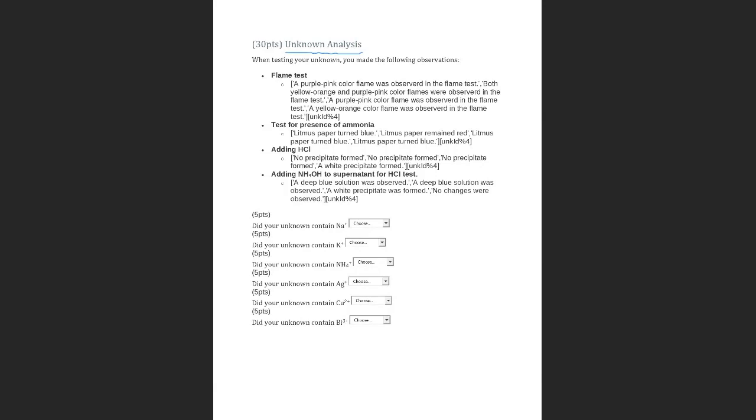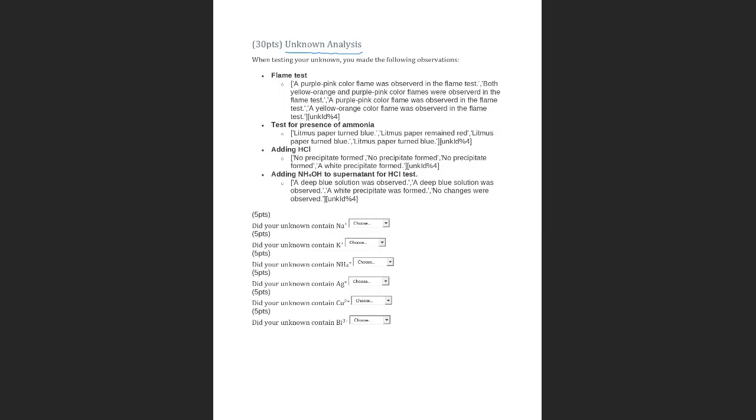Well, actually, I don't want to show you the one that I did, but litmus paper turned blue. What does that mean? It means it has ammonia. Exactly. Then adding hydrochloric acid, no precipitate forms, or a white precipitate forms.